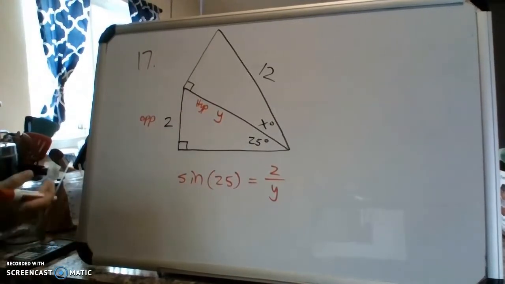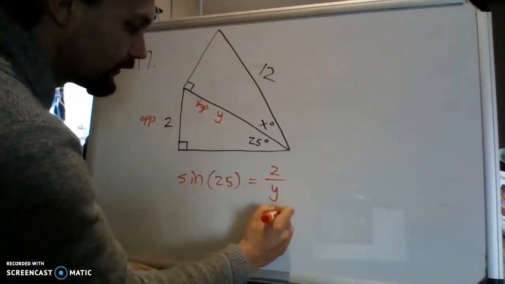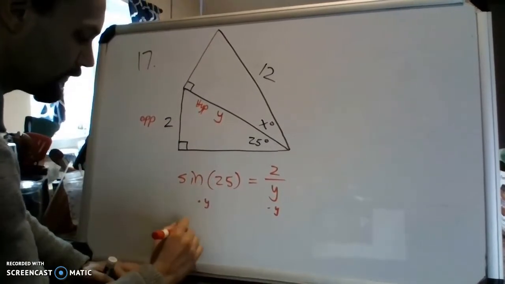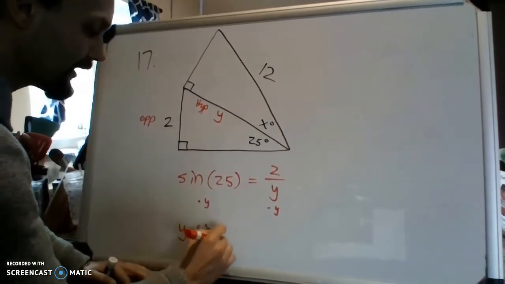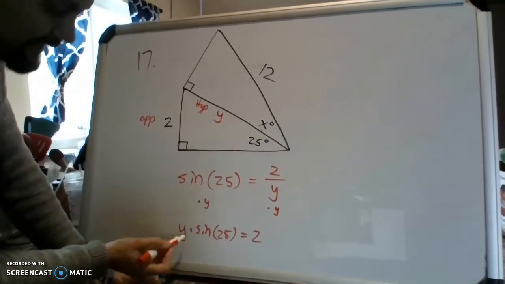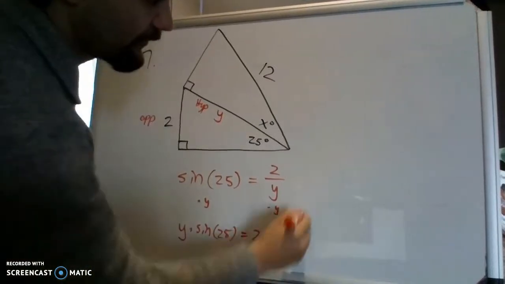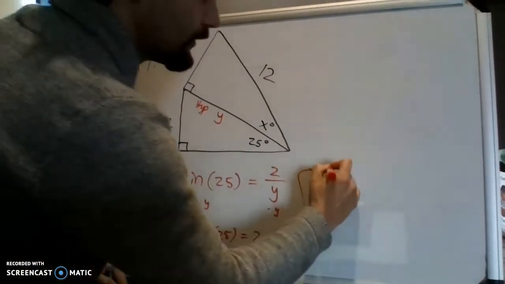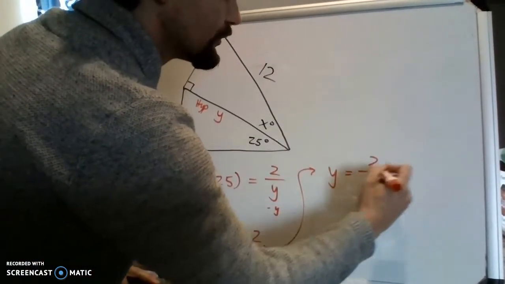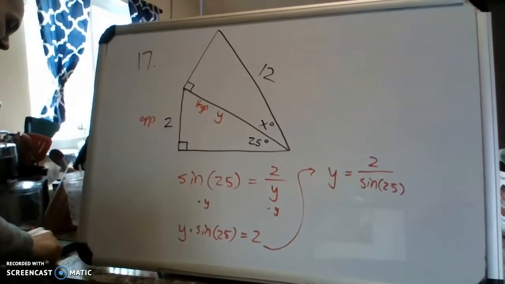Then you go ahead and solve for y. So multiply y over to this side, which would give you y times sine of 25. That's equal to 2. Then to get y alone, you're going to have to divide that sine of 25 over to the other side. So you would get y equals 2 divided by the sine of 25.